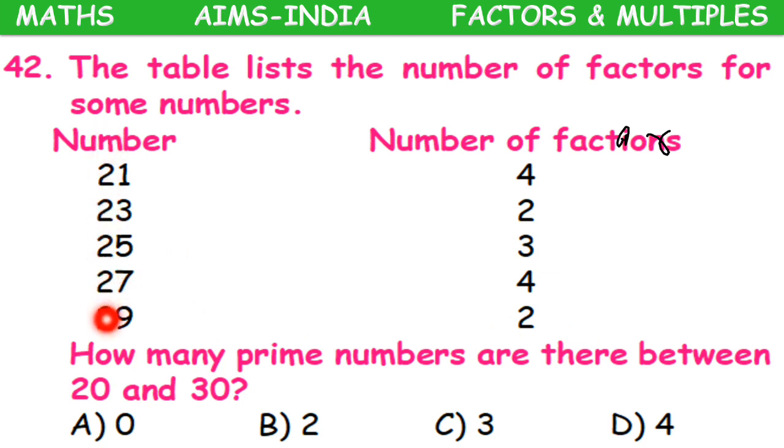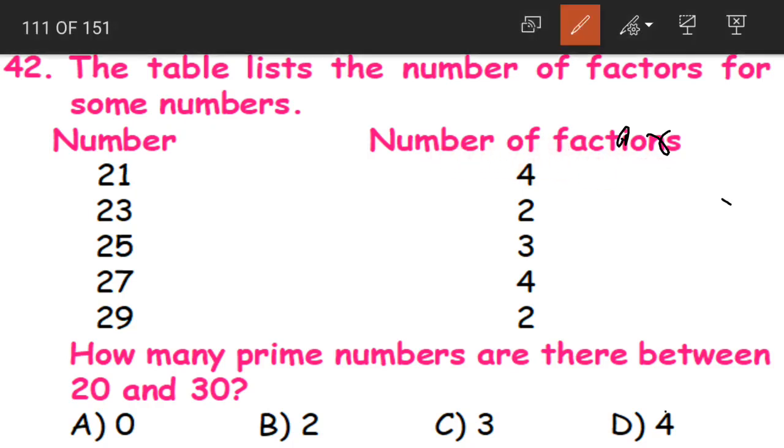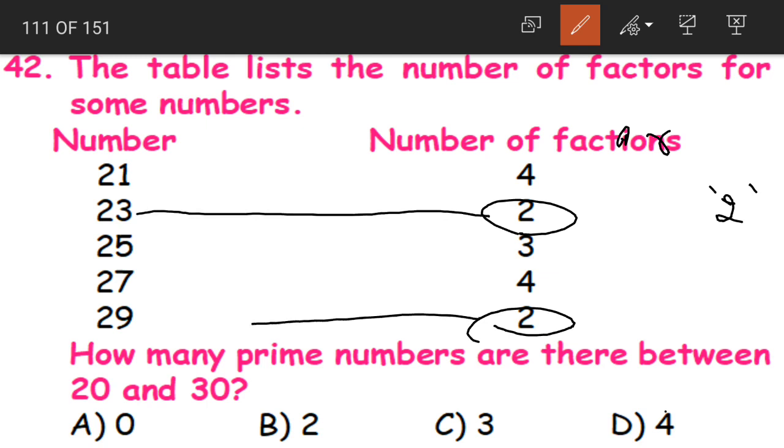Now all these numbers are between 20 and 30. And what about prime numbers? How many factors should they have? They should have only 2 factors, one and the number itself. So from the given numbers only 2 numbers, 23 and 29, are having 2 factors.